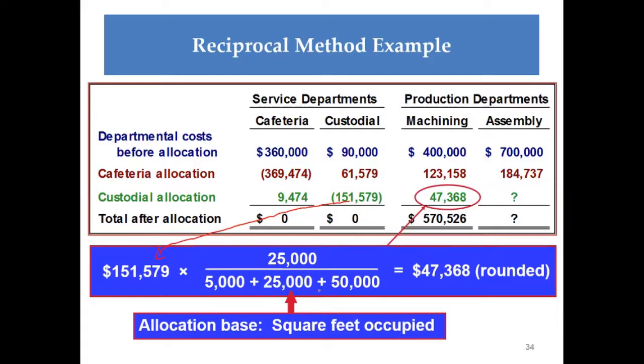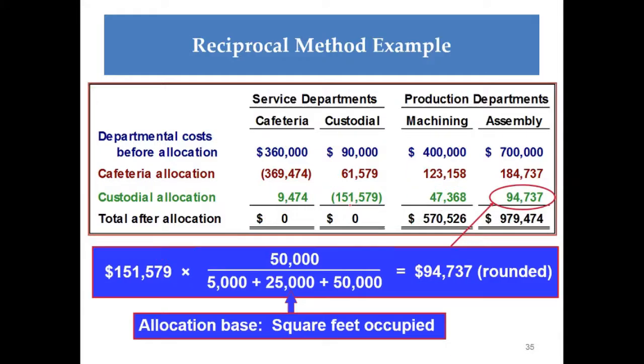The allocation of the total custodial cost to machining is 25,000 divided by 80,000, which gives 47,368. For assembly, which has an area of 50,000, divided by the total area of 80,000, multiplied by the total cost of custodial, we have 94,737.